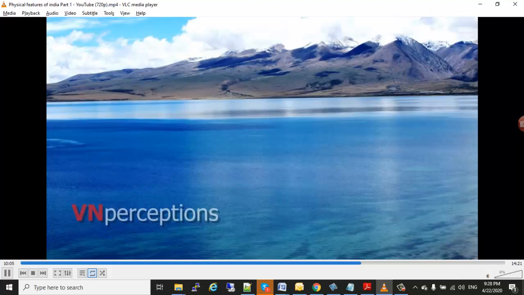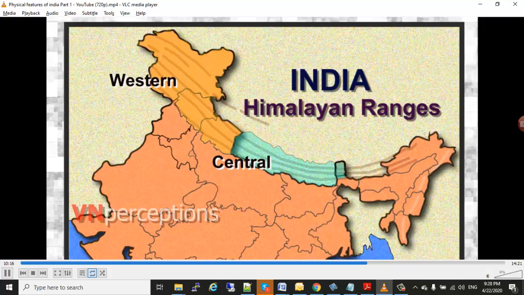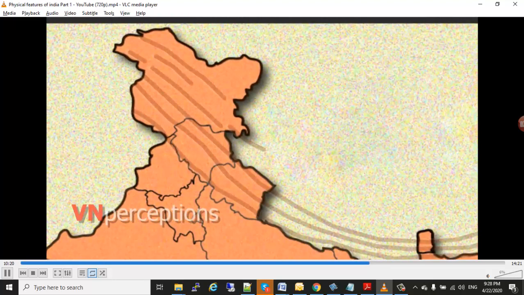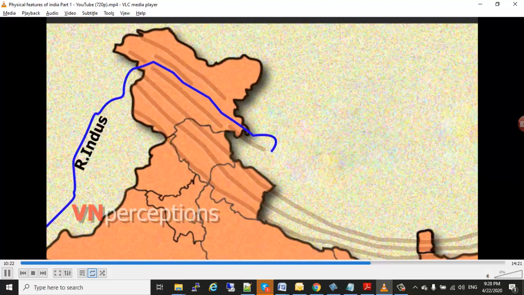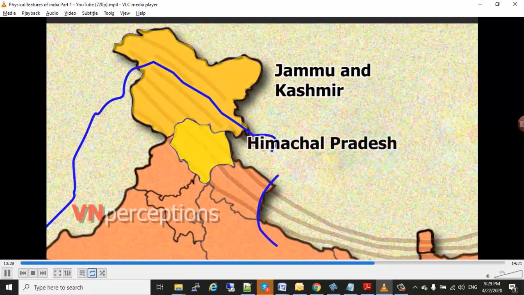The Himalayas are divided broadly into three mountainous regions, that are Western, Central and Eastern. The Western Himalayas extend from the Indus River in the west to the Kali River along the Nepal border, in Jammu and Kashmir and Uttarakhand.